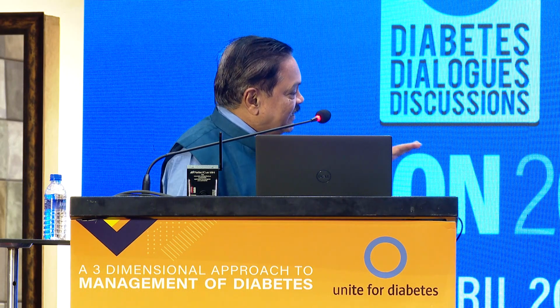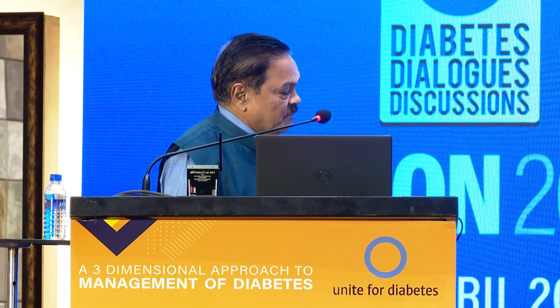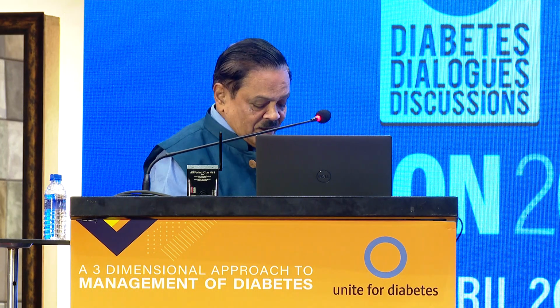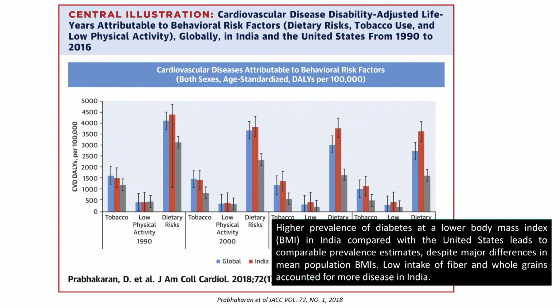Dear friends, this is again from Dr. Prabhakaran, my classmate from the PHFI, who has shown that if you look at the various things, I'll again go to the bottom cartoon. You find that in Indians, we have diabetes at a lower body mass index compared to, say, Americans.